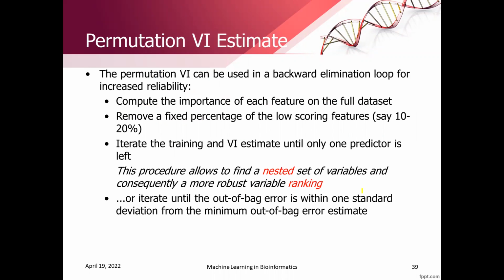And this can be used for eliminating attributes. So we start with computing the importance of each feature of the full data set. And then we can order the features according to the importance. And low scoring features, let's say 10 or 20 percent of features with the lowest importance, we will remove from the data set. And then we iterate the training. So we again compute importance for each of the remaining attributes.